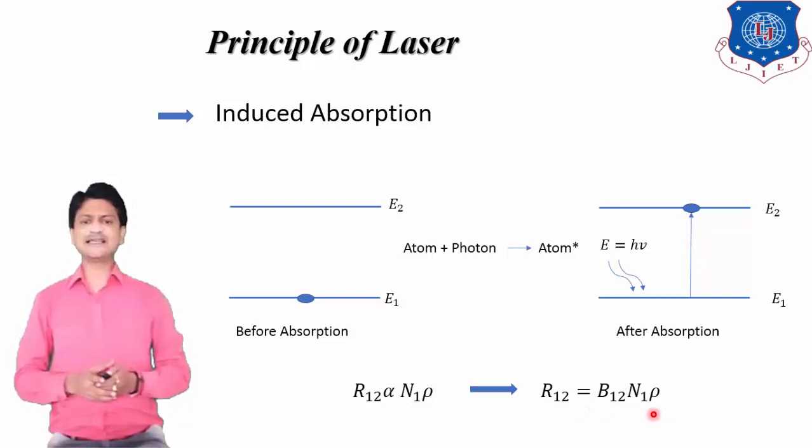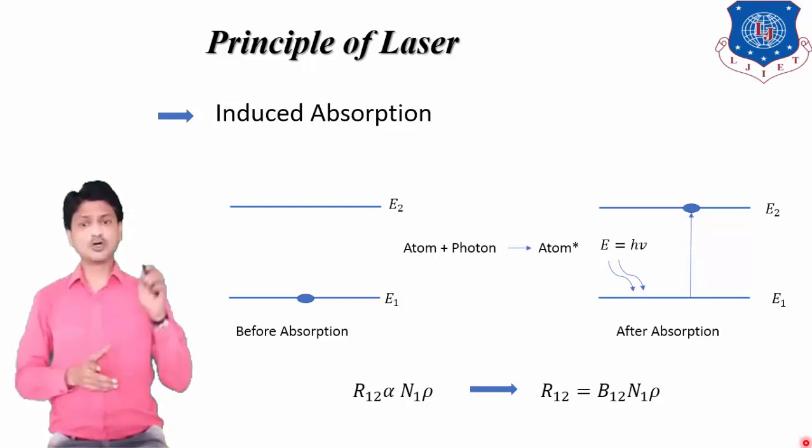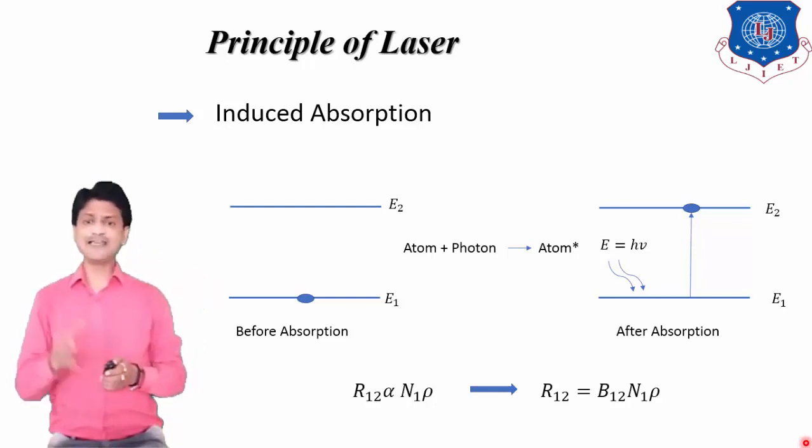Finally, R12 equals B12 N1 rho, where B12 stands for the absorption coefficient. Keep in mind that in absorption, the atom is in the lower energy state, and when we apply an external photon to it, the atom is excited to the higher energy state.